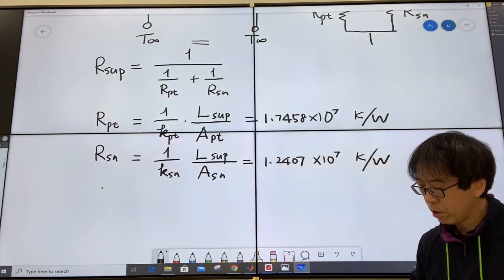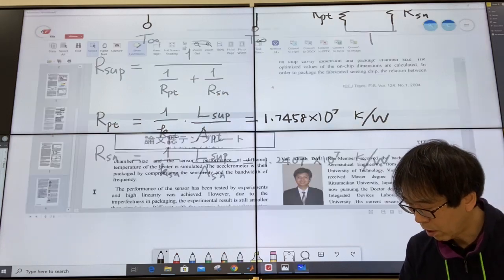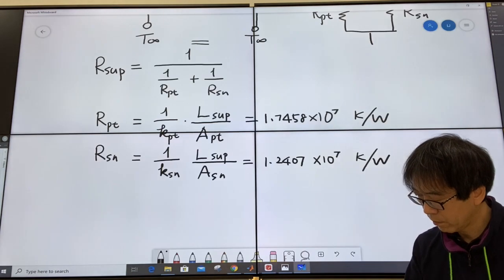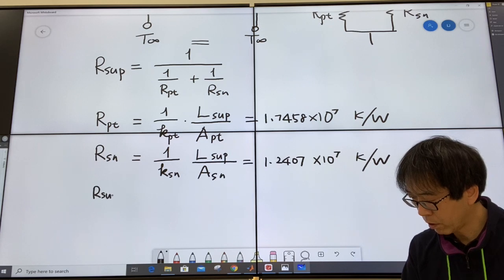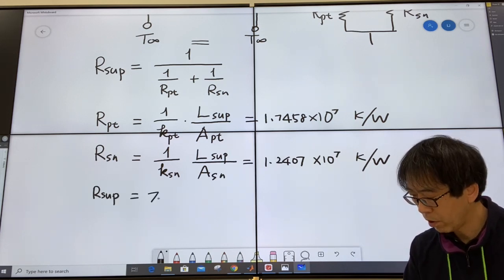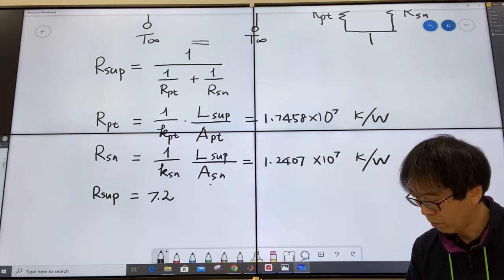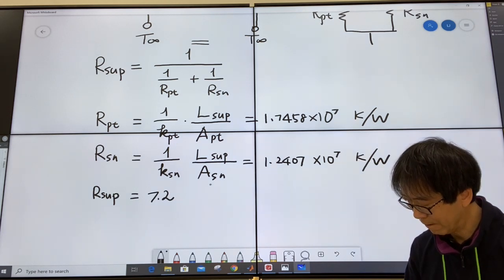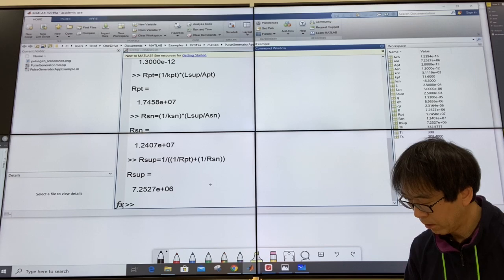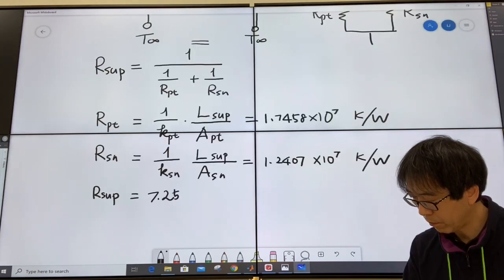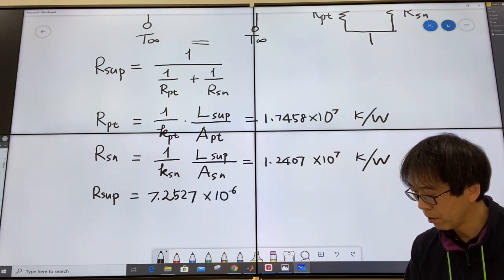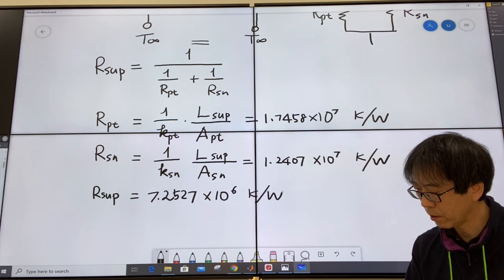Supporting structure: our supporting structure will be 7.2. What is it? 5 to 7 times 10 to the 6th power Kelvin per watt.